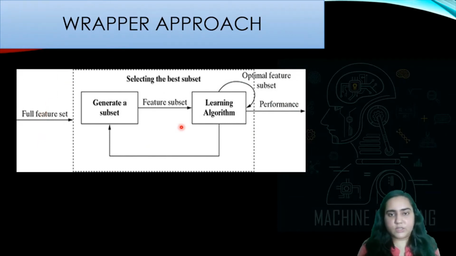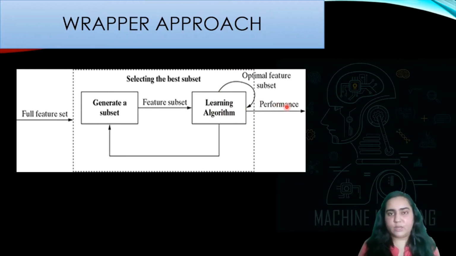So this is a diagram showing you what wrapper approach looks like. So here you begin with a full feature set, and then you're going to perform all this. You will generate a subset, and apply your machine learning algorithm on it, and then you can check its performance.